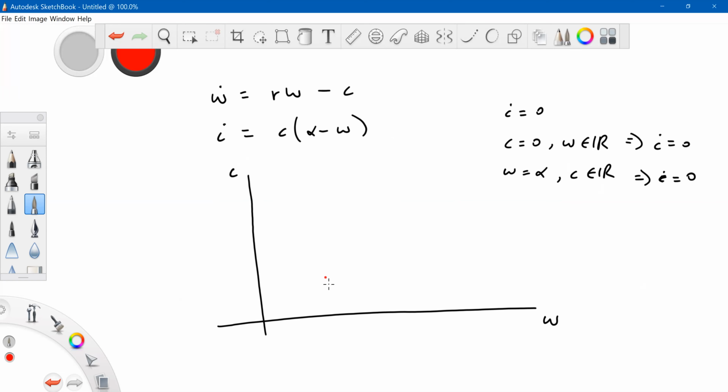If W is equal to alpha and C is any real number, or C is 0 and W is any number, this is 0. So the red thing is C dot equals 0. Next, W dot.